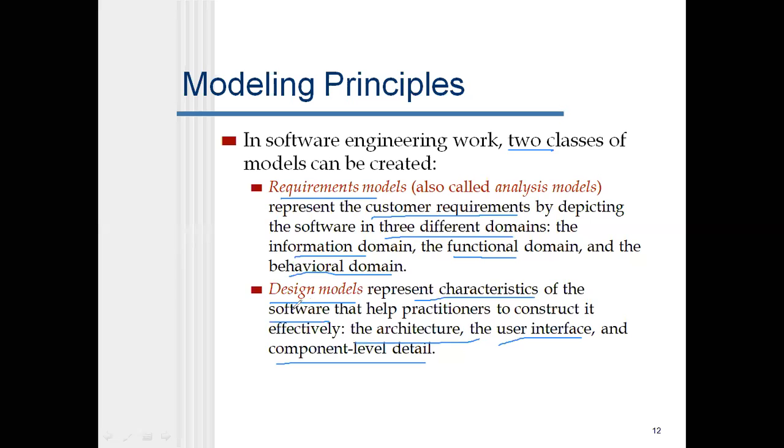This is purely about designing of software architecture. And the requirements model, in the sense, here we are gathering the requirements related to that particular project. Clear? This is about the two classes of modeling principles.